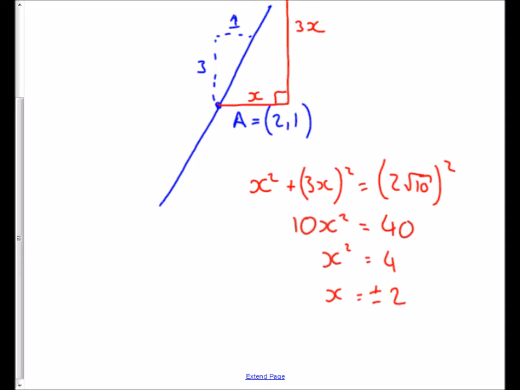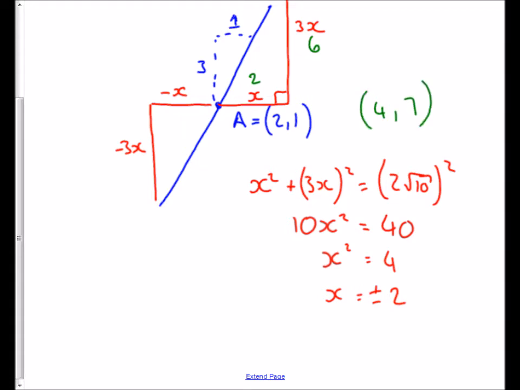And I get plus or minus because as well as going to the right, I could have gone to the left. And now that I know that x is 2, I can say I'm going across 2 and up, well, I'm going up 3 times 2, so I'm going up 6. If I start at 2, 1, and I go across 2, I've gone across to 4, and I've gone up 6, so 1 plus 6 is 7.